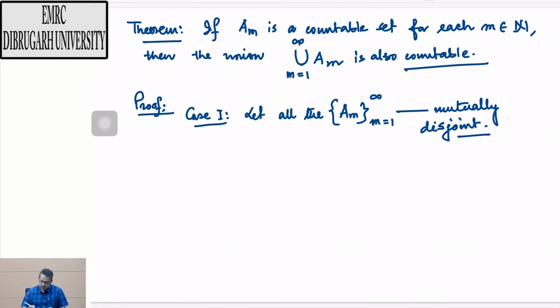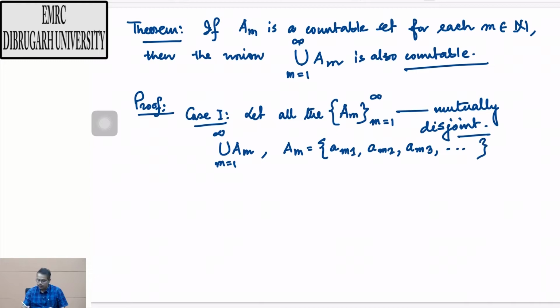Then I can arrange the union of the A_m's, where A_m is the set, say for example A_1, A_2, A_3 and so on.